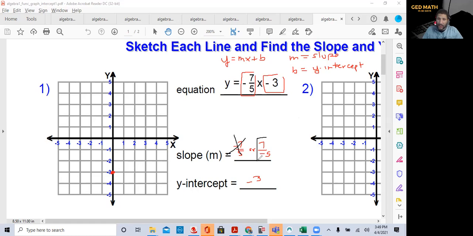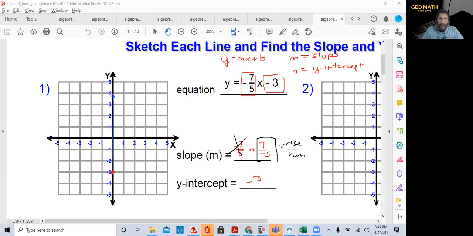We must use the +7/5. That makes our rise +7. That means we're going to go up +7. So 1, 2, oops, that's black. Let's not use black. Let's change to green or some other color. Let's do blue. So we need to go up 7. 1, 2, 3, 4, 5, 6, 7.